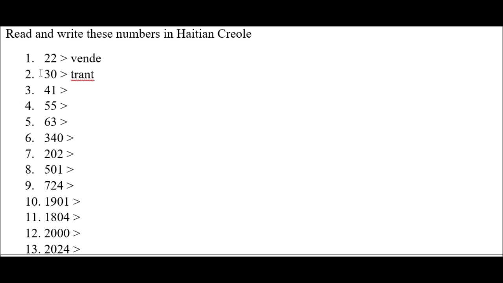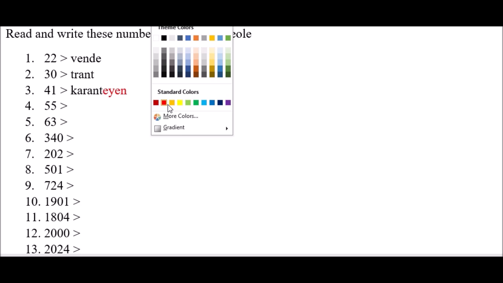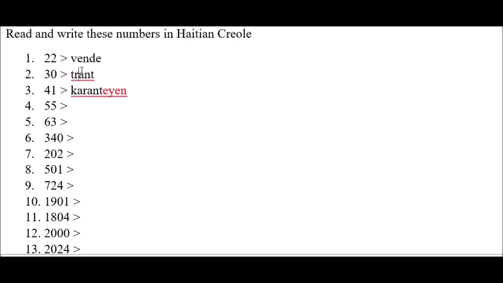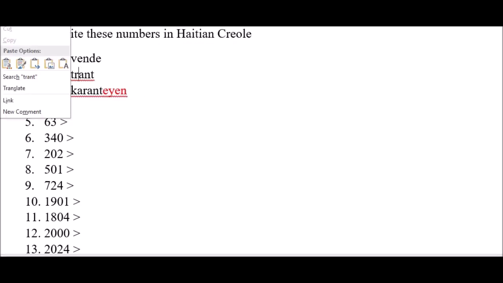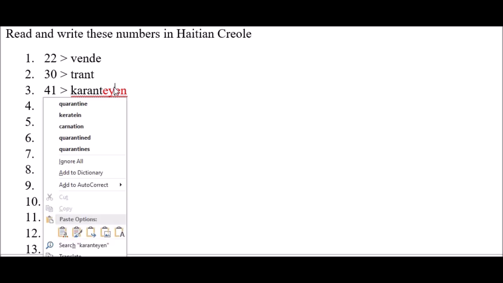Number 4 is 41. We add 41. 30, 31, 40, 41. That's how we do it.